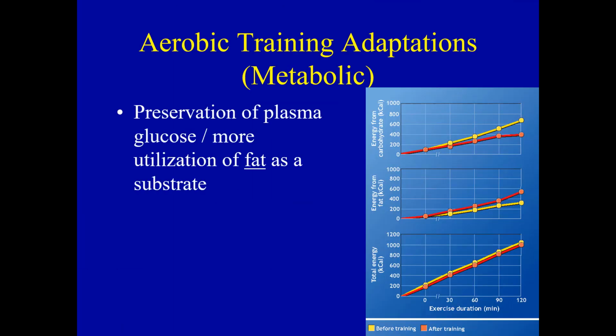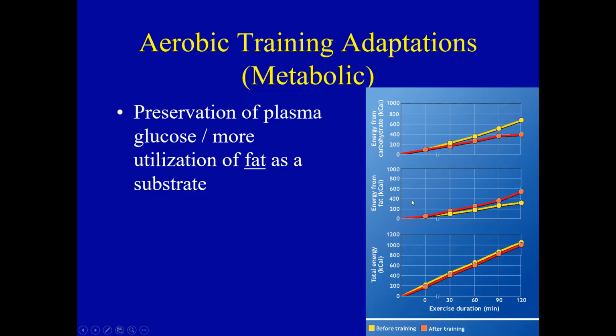Other metabolic adaptations, a pretty big adaptation is that you're better able to utilize fat as an energy substrate. So if you look at these graphs, you see that if someone were to exercise for 2 hours, the amount of energy that they're expending pre and post training is pretty similar, up to about 1,000 calories.